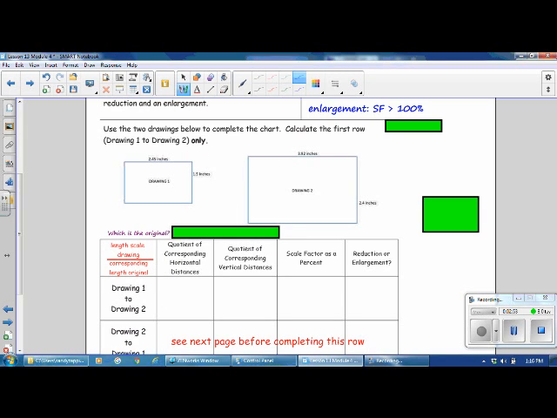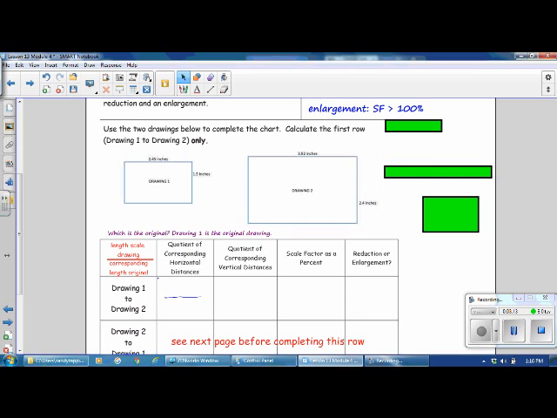So what we're working on, we're going to write the quotient of the corresponding horizontal distances. And we're going to write that as a fraction because it is a quotient. We have the length of the scale drawing over the corresponding length of the original. And then you think, well, which one is the original? Is it drawing 1 or drawing 2? So drawing 1 is the original drawing, and you can assume that unless they say otherwise.